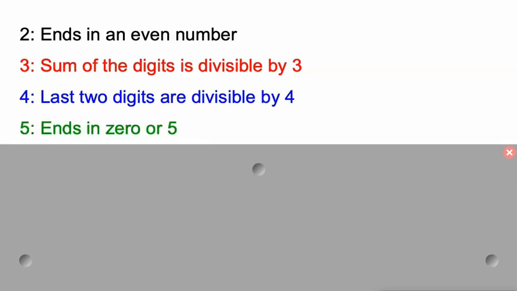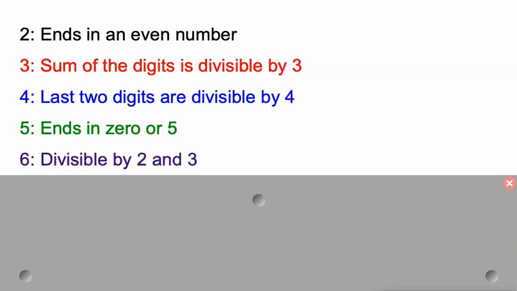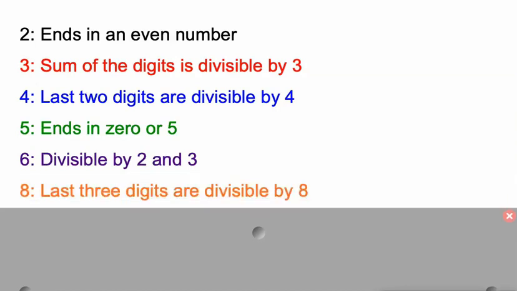A number will be divisible by 5 if it ends in either 0 or 5. It'll be divisible by 6 if the rules for 2 and 3 work. It'll be divisible by 8 if the last three digits are divisible by 8.